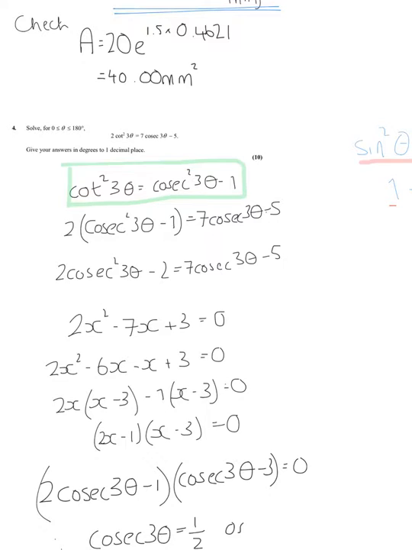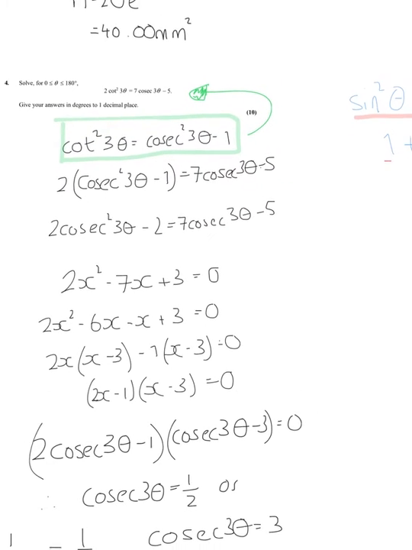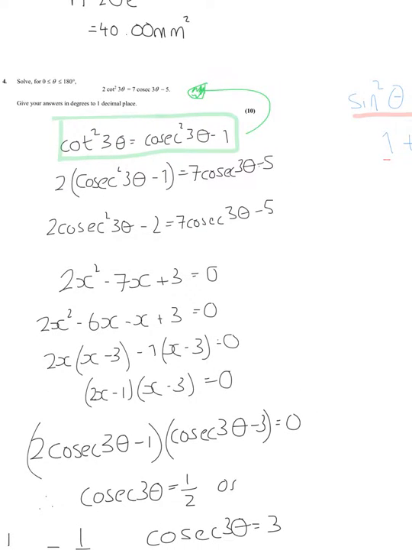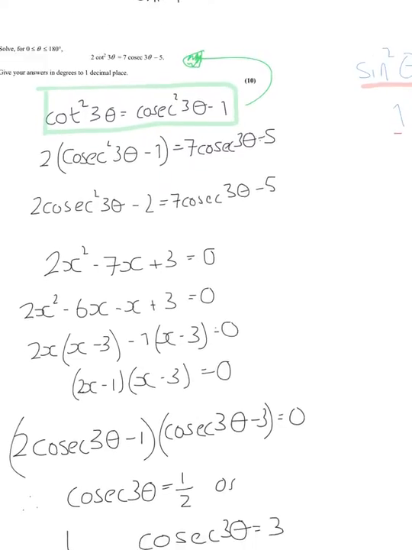So we sub this into our original equation in place of cot squared 3 theta. Having the 3 theta doesn't make any difference. So we've got 2 lots of that is equal to 7 cosec 3 theta minus 5.